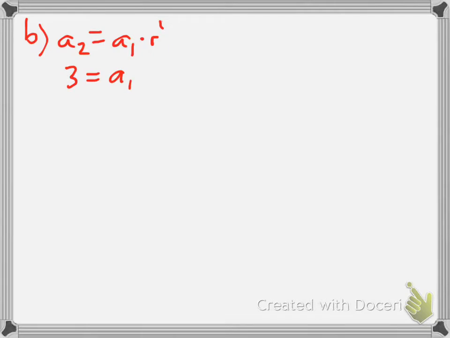So a sub 1 times r to the first. a sub 5 is a sub 1 times r to the fourth power. And a sub 5 is 24.